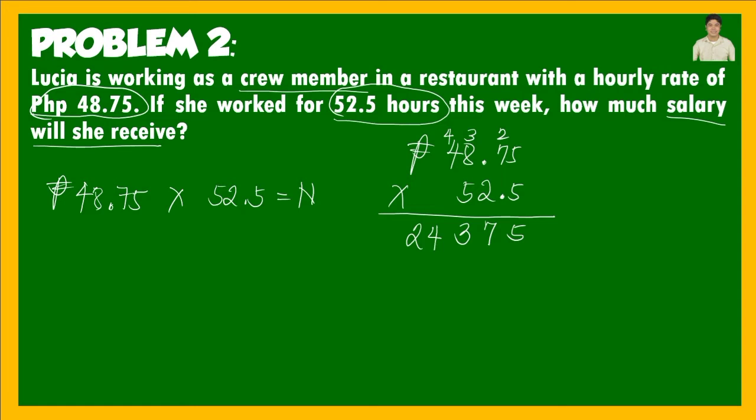Next, times 2. 2 times 5, 10. So we'll write 0, then carry 1. 2 times 7, 14 plus 1, that is 15. So we'll write 5, then carry 1. 8 times 2, 16 plus 1, 17. So 7 and then carry 1. 4 times 2, that is 8 plus 1, 9.